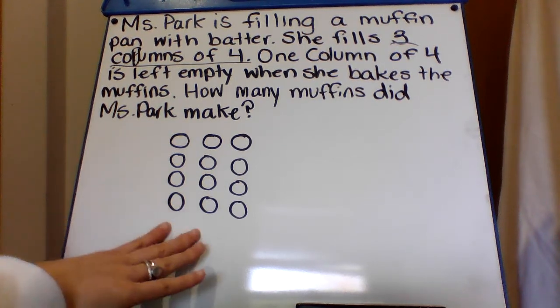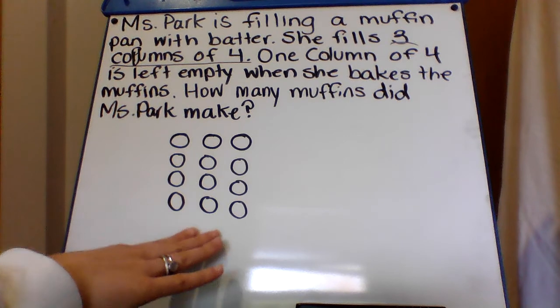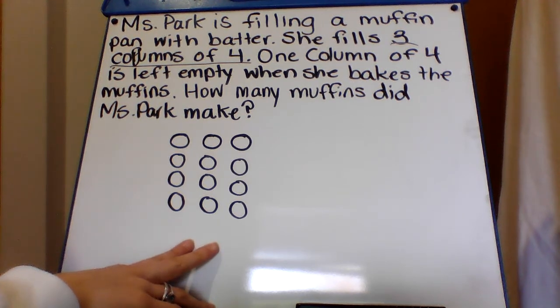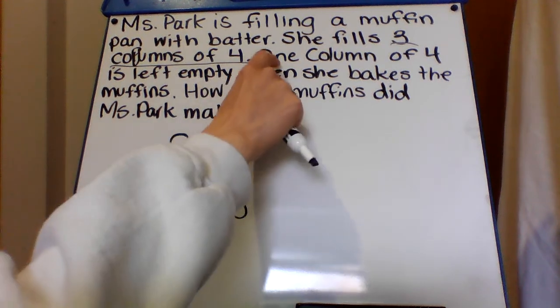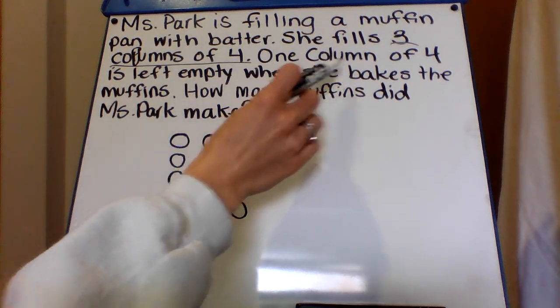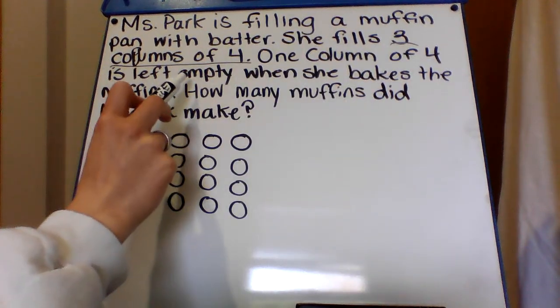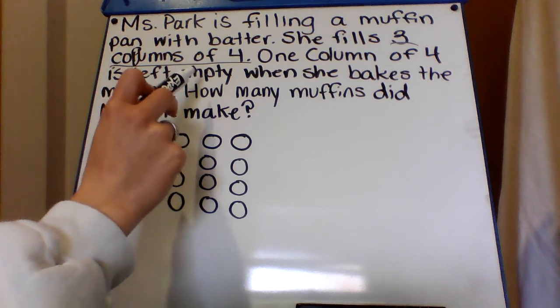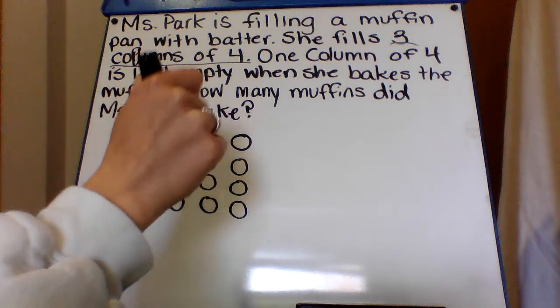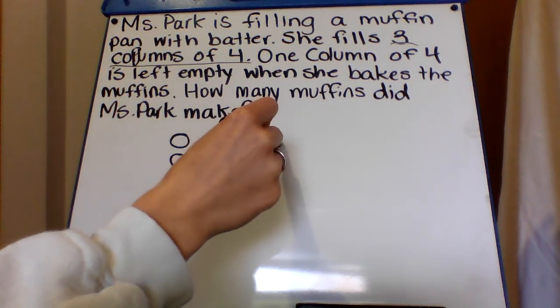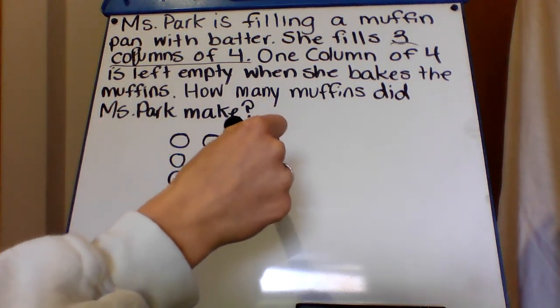Now, some of you might stop here. However, go back to your question and your sentences. It says 1 column of 4 is left empty. So yes, these are all full, but there's another column over here that is completely empty.